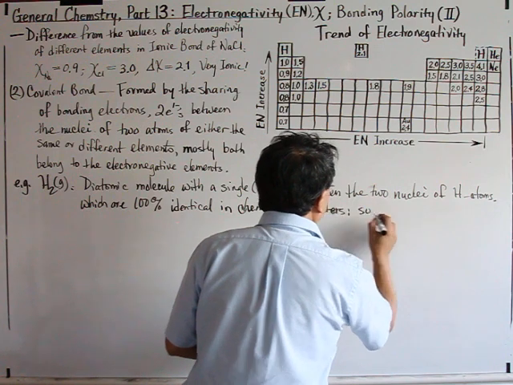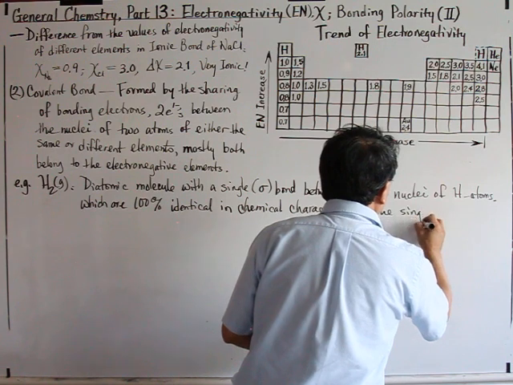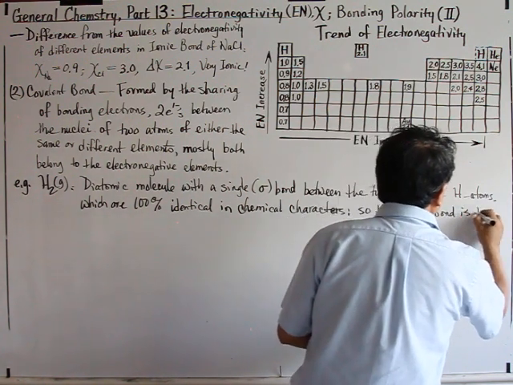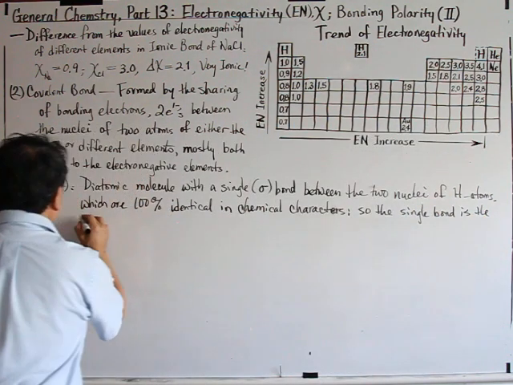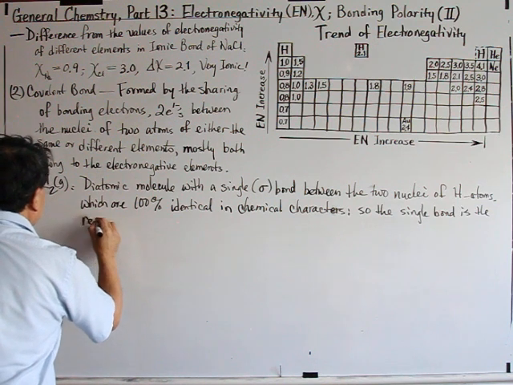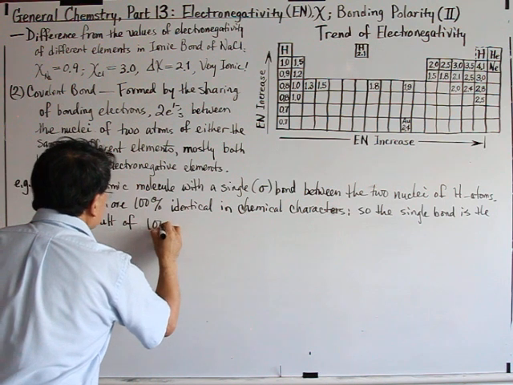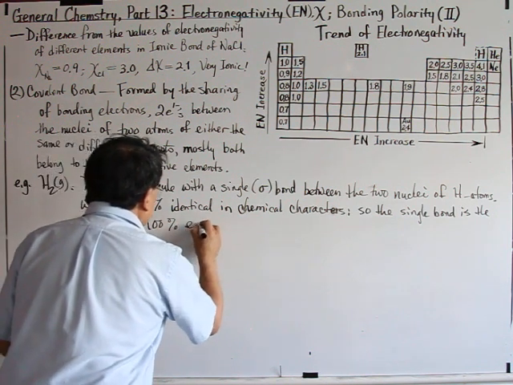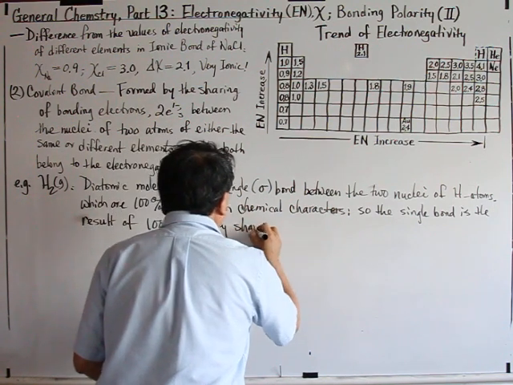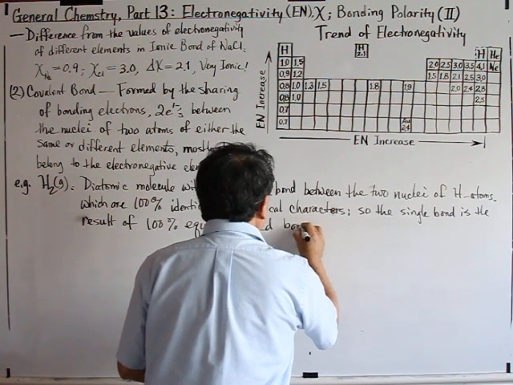So what happens? The single bond is the result of 100% equally shared bonding electrons.